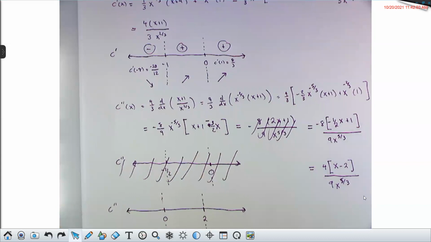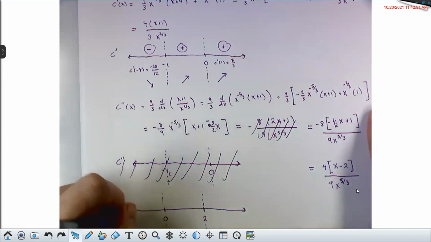If I check something to the left of 0, I plug in -1, this top would definitely be negative, and the bottom here would also be negative, right? -1 to the 5/3. Well, the cube root of -1 is -1. -1 to the 5th is -1. So if we plug in -1, then the numerator here would be -12 over -9, both the top and bottom being negative.